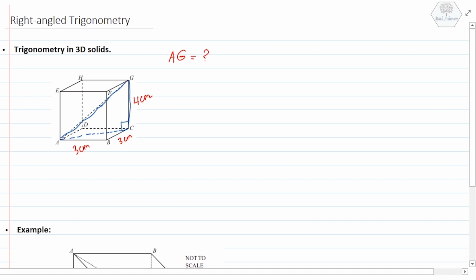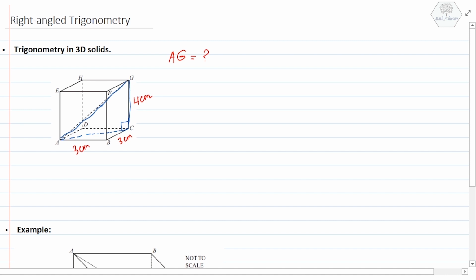But unfortunately, I don't have AC, neither do I have AG. So I can't find AG directly from this right-angled triangle. So I need to use the triangle ABC at first to find the side AC.